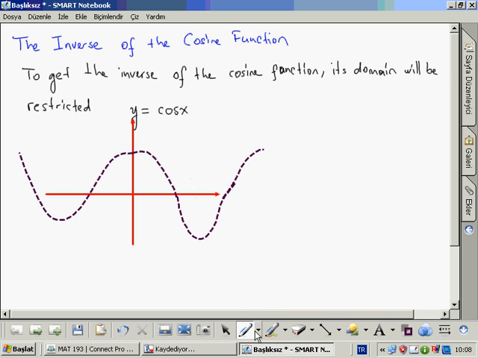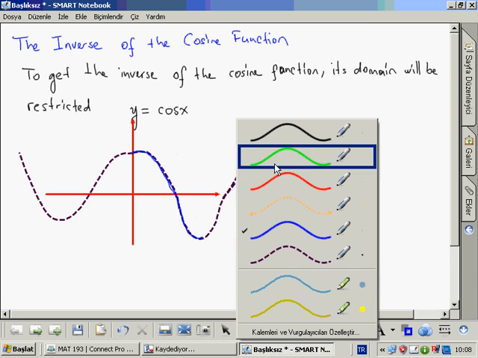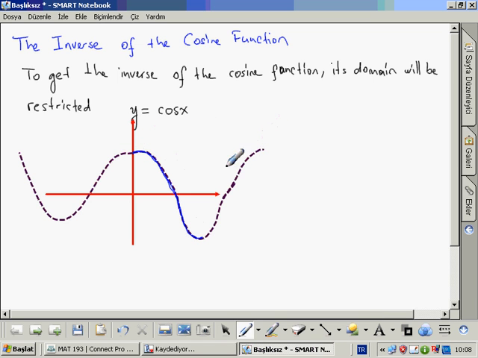The blue part is the restricted area. This part is pi, and the +1 and -1.